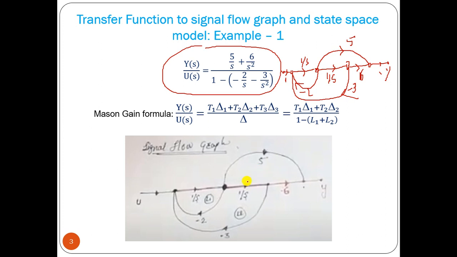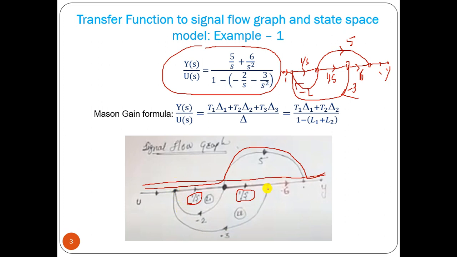So this is the graph we can see here. This is your 1 by s term, and this is another 1 by s term. This is one forward path, 5 by s, and this is another forward path, 6 by s square, with loops minus 2 by s and minus 3 by s square.